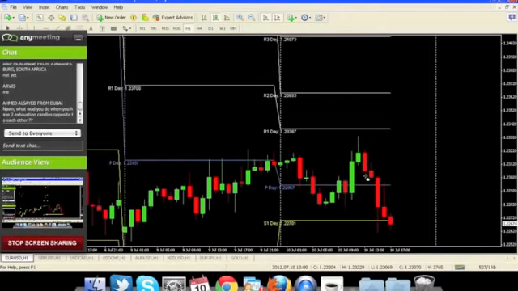Now, for those of you who are new, I look at 7 currency pairs that correlate with each other. Correlation basically means it's a relation that one currency pair has with another.